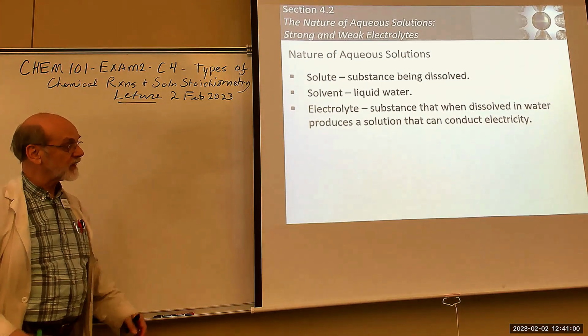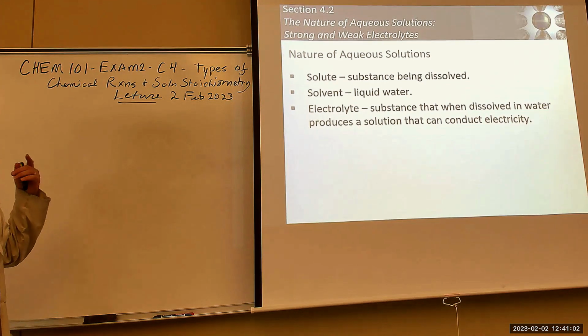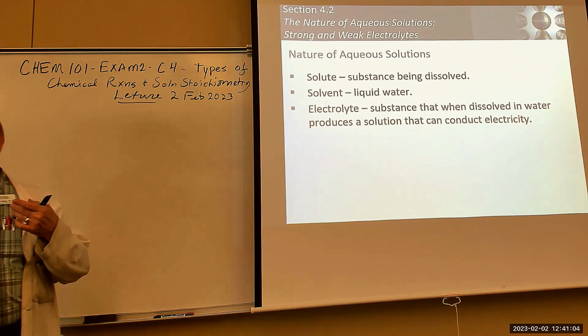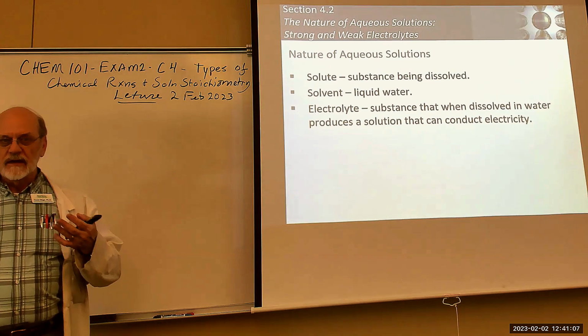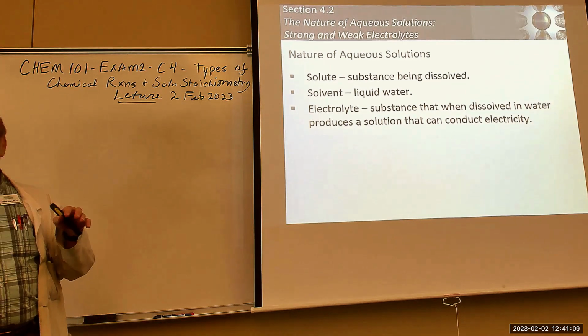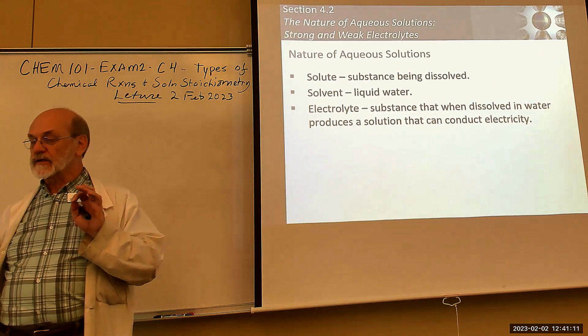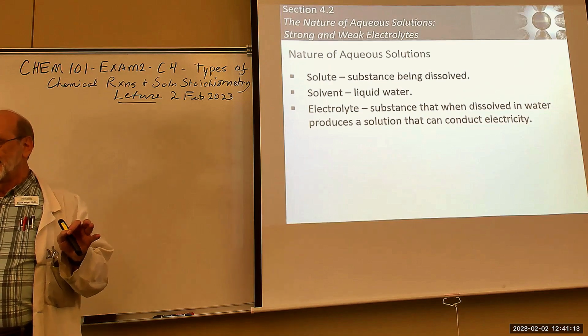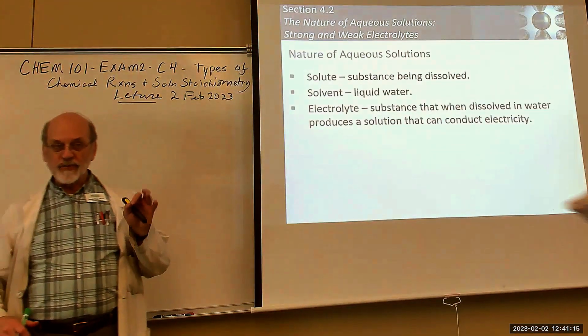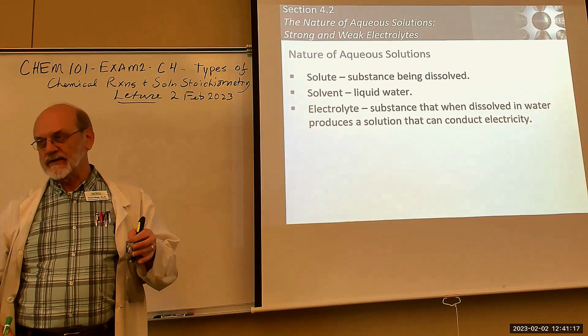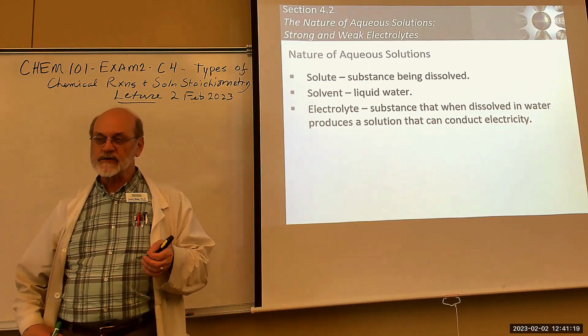Okay. Now, this is an operational definition for electrolyte: an electrolyte is anything that, dissolved in water, will conduct electricity. Water itself, pure water, is an insulator. It will not conduct electricity.